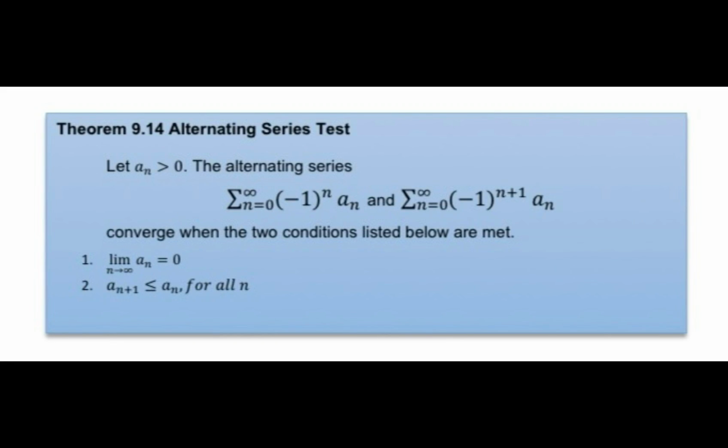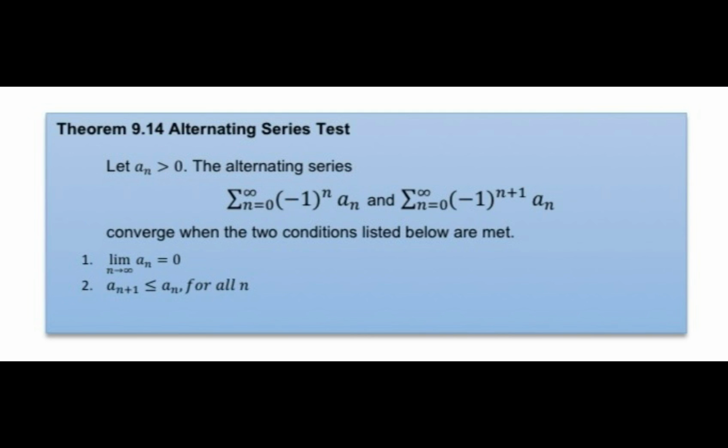So before we go on to our example, we have here Theorem 9.14, the alternating series test. Let a sub n be greater than 0. The alternating series, the summation from n equals 0 to infinity of (-1)^n a sub n, and the summation from n equals 0 to infinity of (-1)^(n+1) a sub n, converge when two conditions listed below are met.